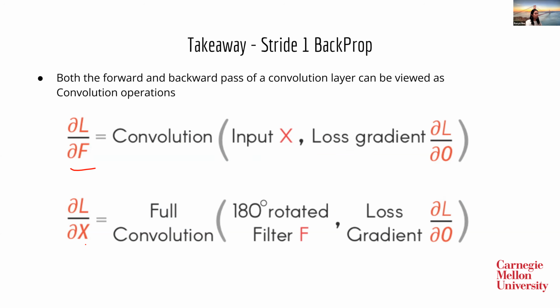In order to calculate the derivative of the input, you should run the convolution on the 180-degree rotated filter and the affine derivative map of the current layer, this term.